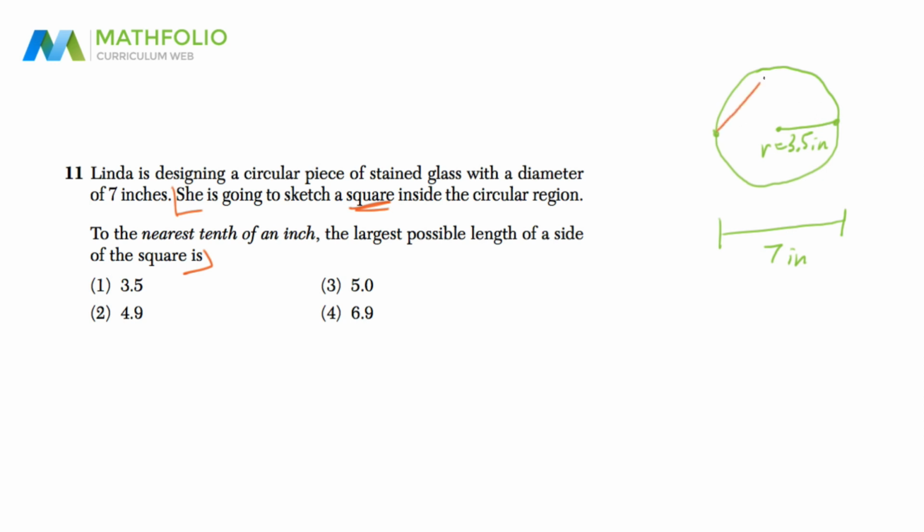We could draw the square so it's just touching the edges of the circle, so it's completely inscribed. Why this is useful is that now we have half of the diagonal of the square. We know it's 3.5. They want to know the largest possible length of the side of a square, so let me call it x.